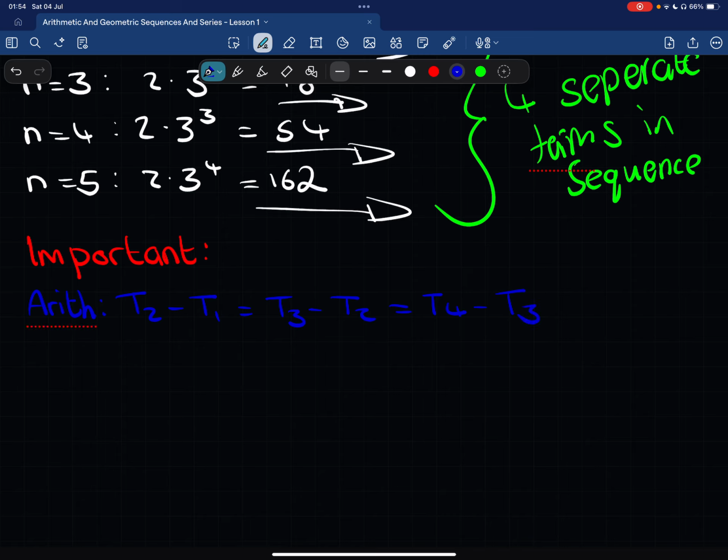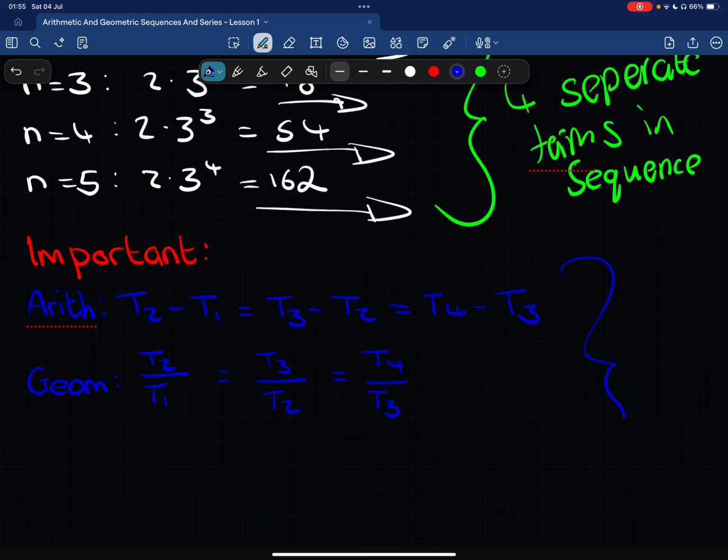Something very similar follows in geometric sequences. So if we say geo, we know that T2 divided by T1 is equal to T3 divided by T2, which is equal to T4 divided by T3.